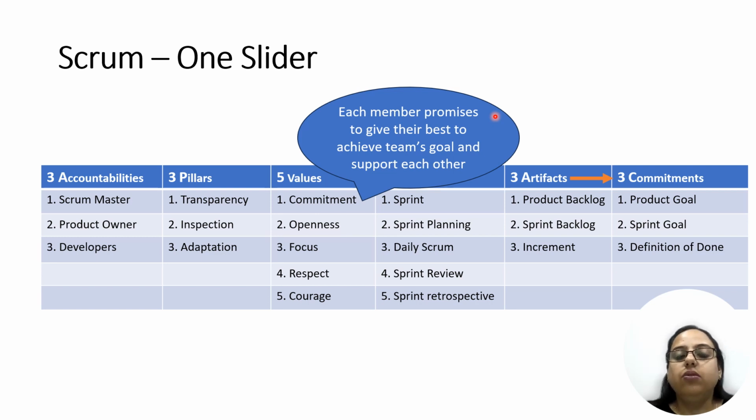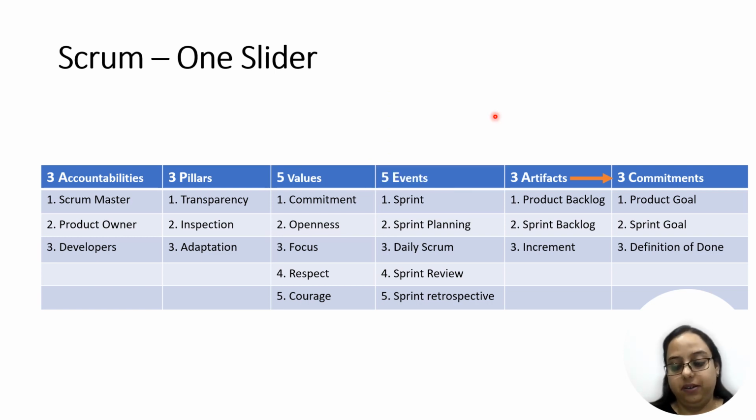Through which, you can ensure that you are not just worried about the work items that are there in your bucket, but you are also ensuring that the end to end objectives of the teams are met.